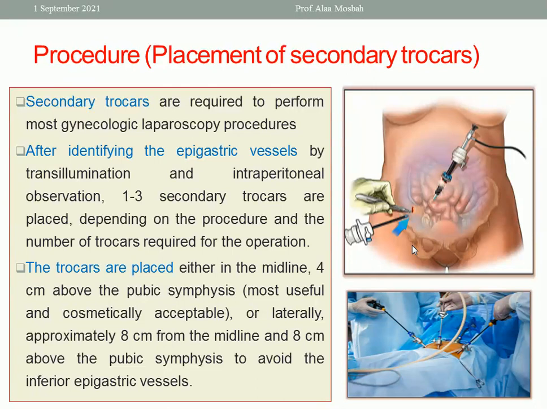Other operations need 2 secondary trocars, another operation needs 3, and so on. The trocars are placed either in the midline, 4 centimeters above the symphysis pubis here, or laterally 8 centimeters from the midline and 8 centimeters above the pubic symphysis. Why? To avoid injury of the inferior epigastric vessels.